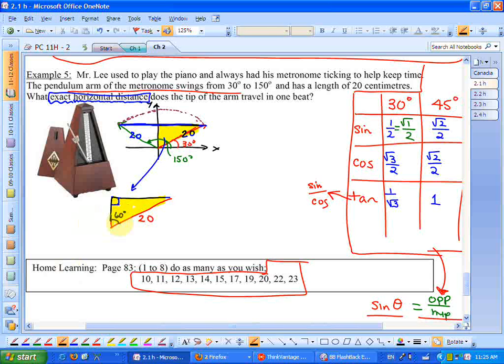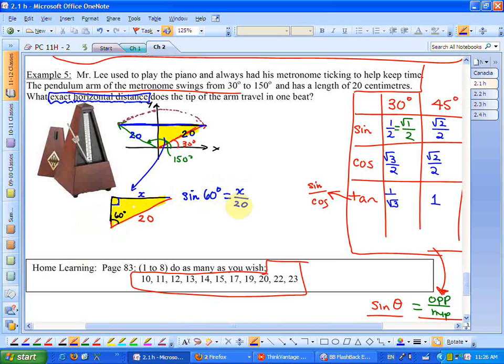Good. I'm asking you for the horizontal distance, so let's call this piece here x. What trig ratio should I use to help me solve for x? O and H represents sine. Good. So write down sine of 60 equals x over 20.